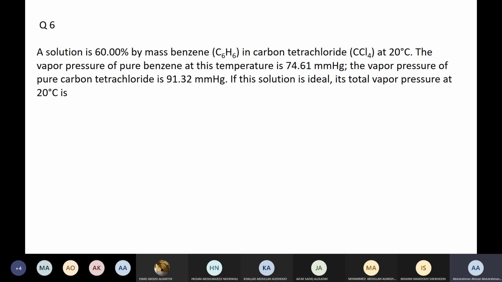The vapor pressure of pure carbon tetrachloride is 91.32 millimeter Hg. If this solution is ideal, its total vapor pressure is what? So what's the total vapor pressure? Okay, read the question and tell me how to solve it.